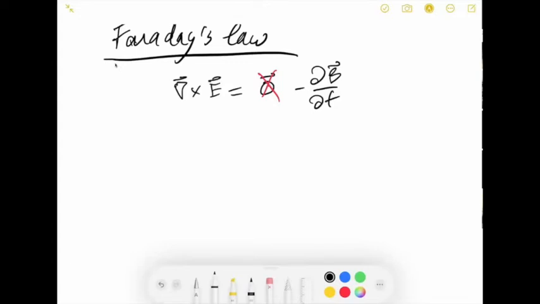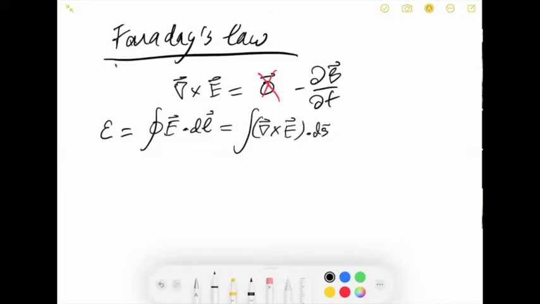It's a little bit easier to see what's happening if you change this into integral form. If we're taking the integral of E dot dl over some closed path, then that is the same as the curl of E dotted with dS, integrated over the surface.